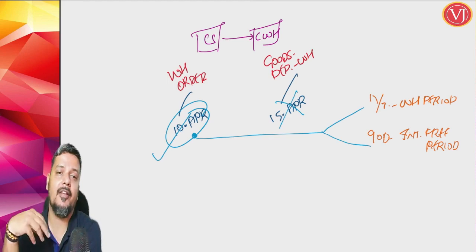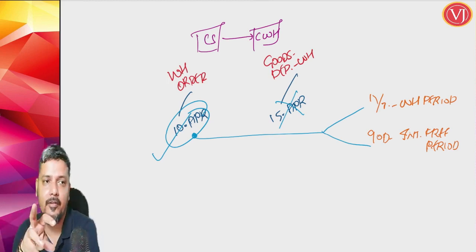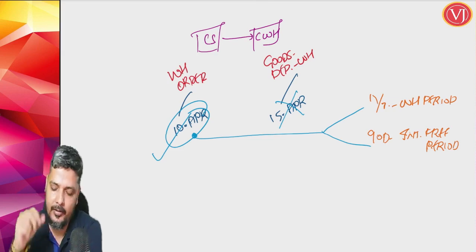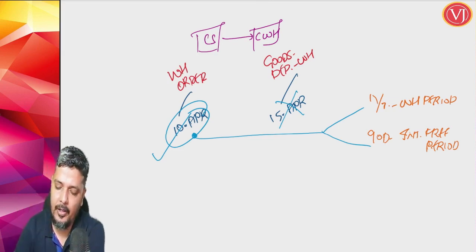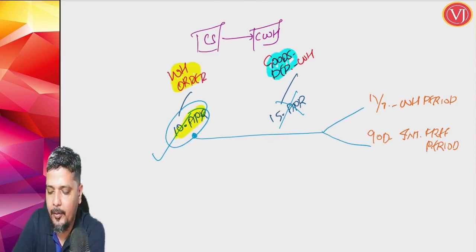If at all I am ICI, I'll be very interested to give this confusing point. Warehousing order on 10th April. Goods are actually deposited in warehouse on 15th April.